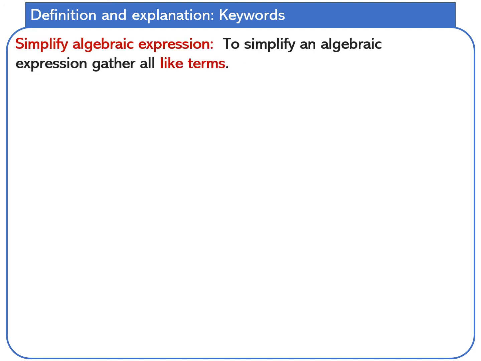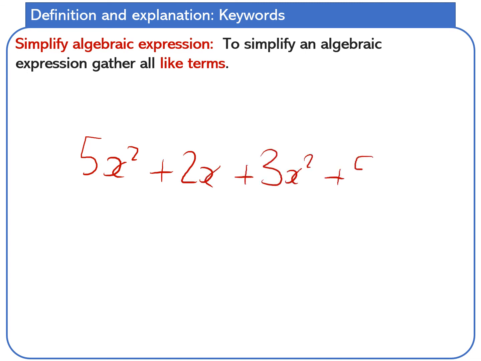Simplify algebraic expressions. To simplify an algebraic expression, we gather all like terms. So if we have, let's say, 5x squared plus 2x plus 3x squared plus 5x, my like terms here will be the 5x squared and the 3x squared, and I'll grab the symbol that's in front of it.